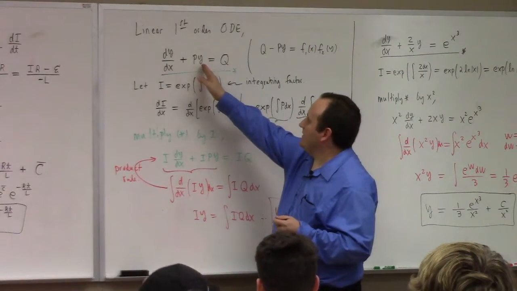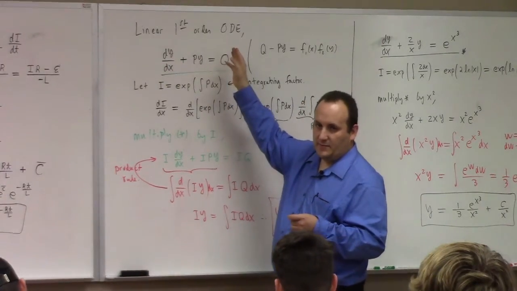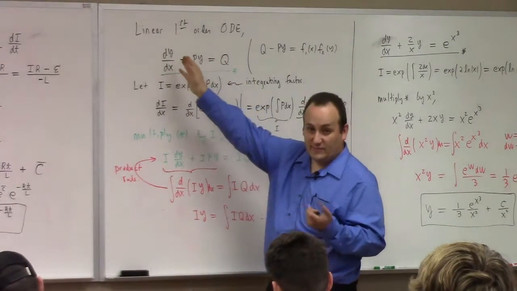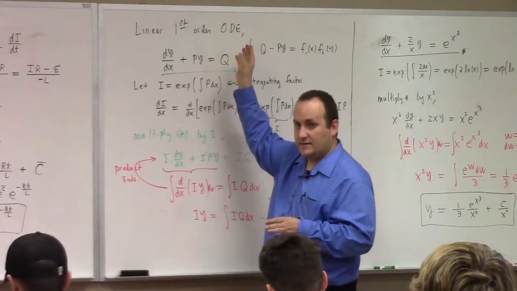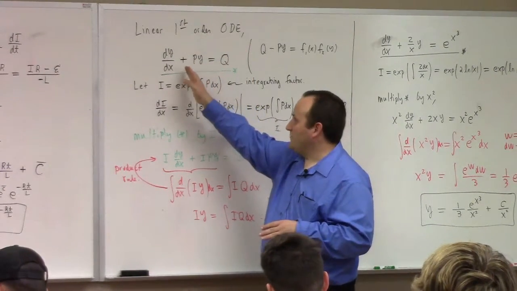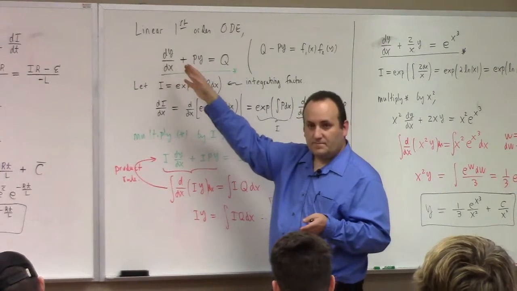Linear because it is just linear in the derivative and the dependent variable. There's no dy/dx squared or y squared or sine of y or e to the y or something like that. So the linearity here refers to the linearity of the dependent variable and its derivatives.